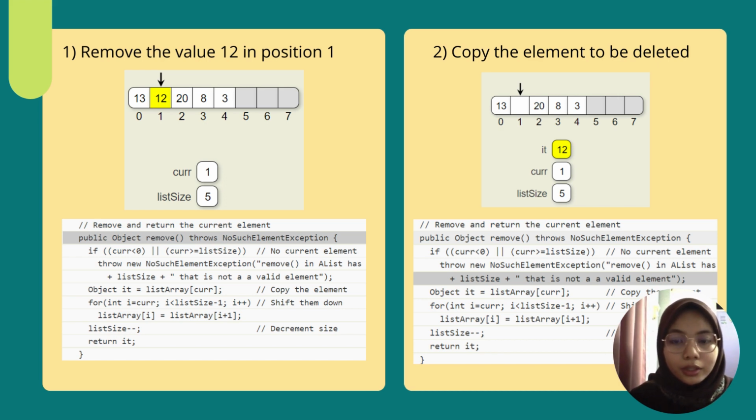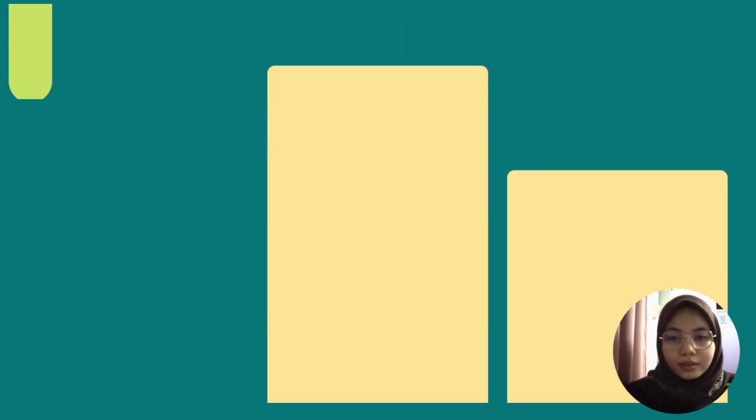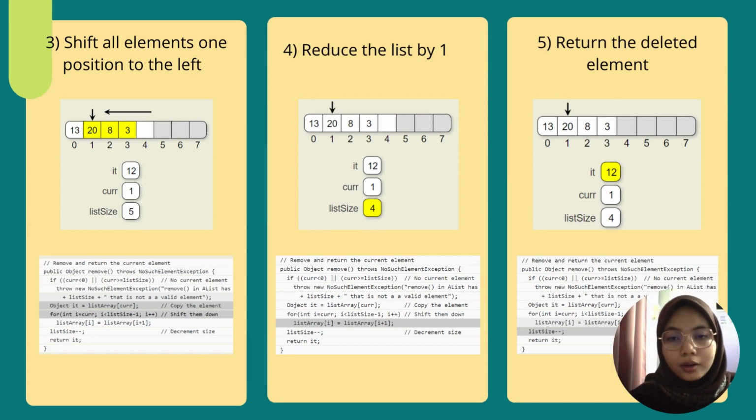After that, we will copy the element that has to be deleted from the list. The next step is that all elements after the current element will be shifted one position to the left. After that, the list size will be decreased by 1, from 5 to 4. And last but not least, it will return the deleted element.